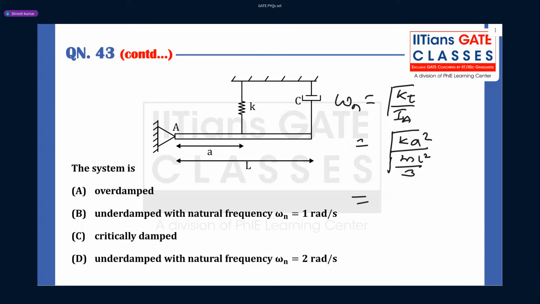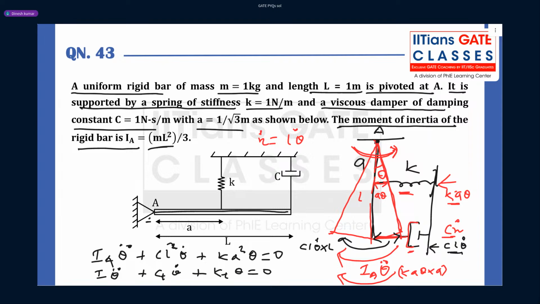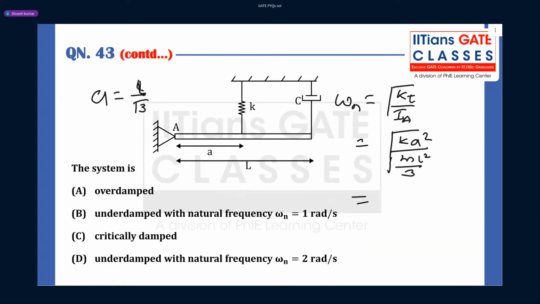Now, guys, in the given problem, what is A? A is given as L by under root 3. You can see it is 1 by under root 3, and L we already know is 1 meter. So substitute that in this problem. What we see is K L square by 3 upon ML square by 3.